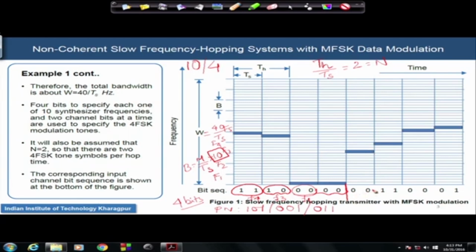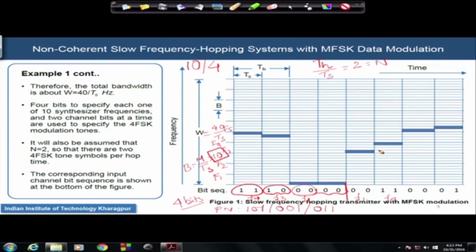And based on the bit pattern, once you are at MFSK tone number 1 and here you are at MFSK tone number 4. So, without changing the channel, you are basically changing the tone you have chosen.